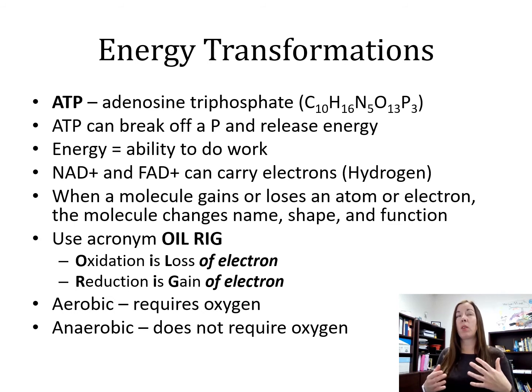Some important components that we talk about in this chapter are electron carriers, NAD and FAD. Those are very important electron carriers, and they carry electrons using a hydrogen molecule essentially. So FAD and NAD will carry hydrogens to the last step of the electron transport chain.